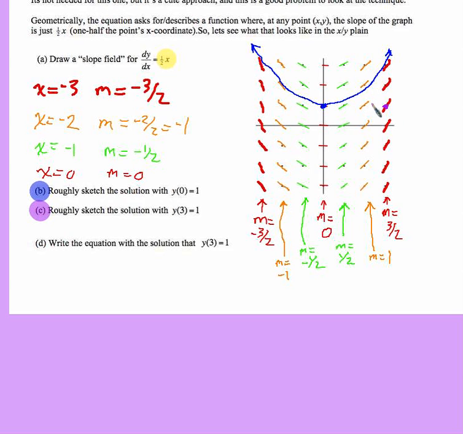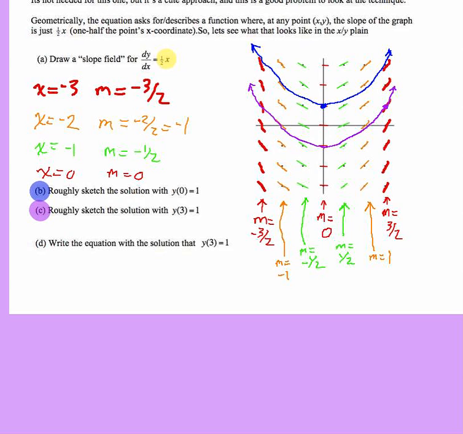When we do that, we're going to start with a slope of 3/2, and then as we slide over here, we end up with a slope of 1, and as we come further down and over in here, we end up with a slope of 1/2, and by the time we get over here to the y-axis, we have a slope of 0, and then we come back following the slope field, and we end up like this.